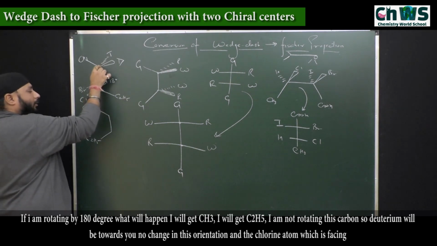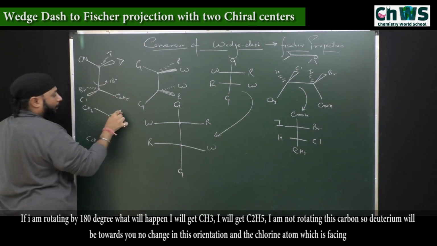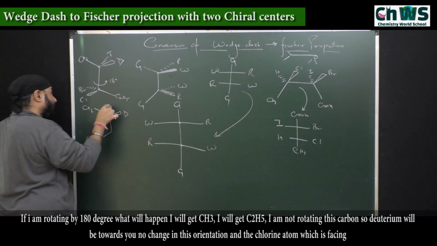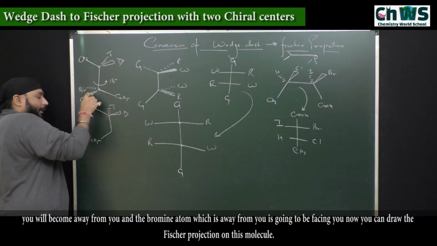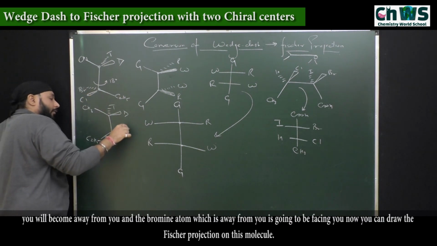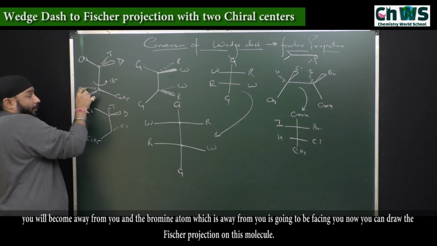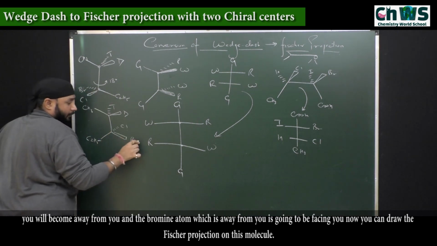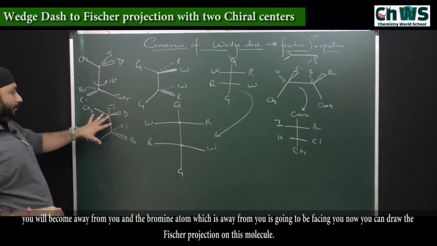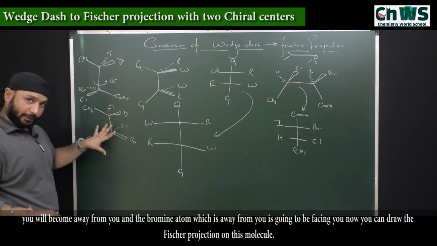I'm not rotating this carbon, so the deuterium will be towards you, no change in its orientation. The chlorine atom which is facing towards you will become away from you, and the bromine atom which is away from you will face towards you. Now that you have this molecule, you can draw the Fischer projection of it.